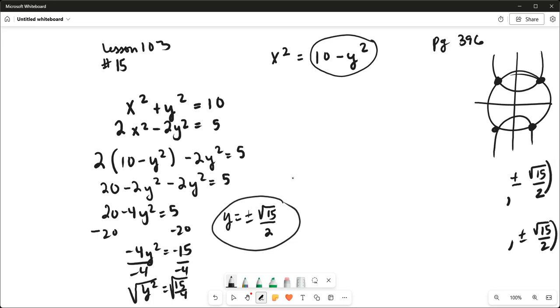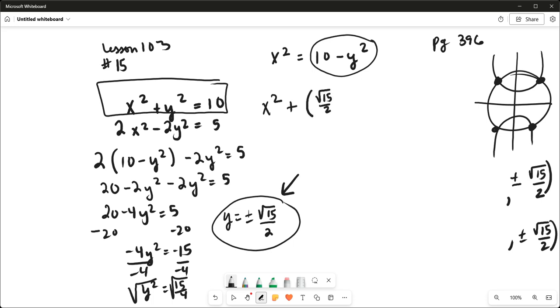All right, now I'm going to take this and put it back into my original equation. So x squared plus y squared. That just means I'm going to take this y and square it. When I square something that's got a square root in it, it's going to take away that square, right?